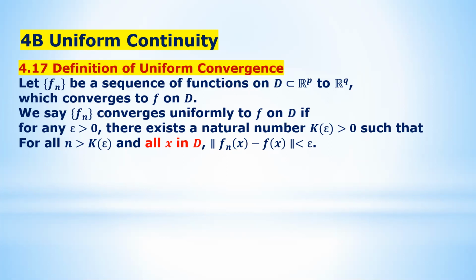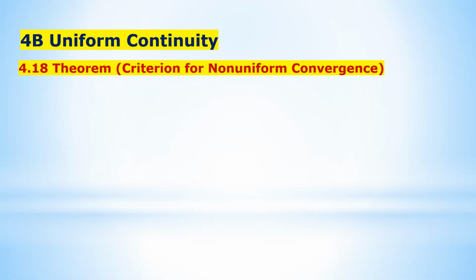If this is satisfied by this definition, then the convergence is called uniform convergence. And uniform convergence is the right condition to guarantee the continuity of f from continuous functions. So here is a theorem.